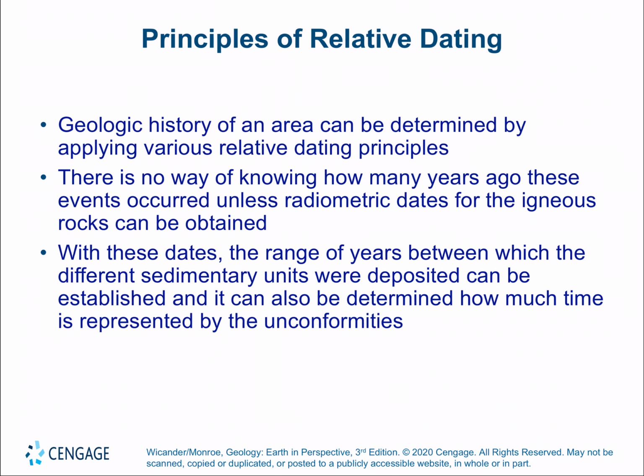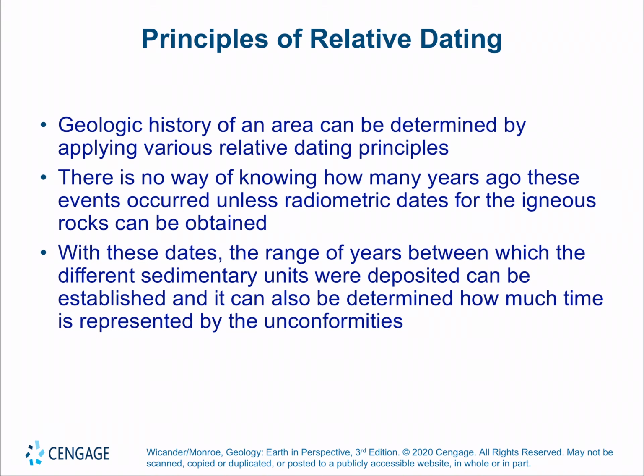With all the principles we've gone over for relative dating, the geologic history of an area can be determined, but we don't know the total amount of years that had elapsed. The only way we can know that is by using radiometric dates, and we use radiometric dates for the igneous rocks.